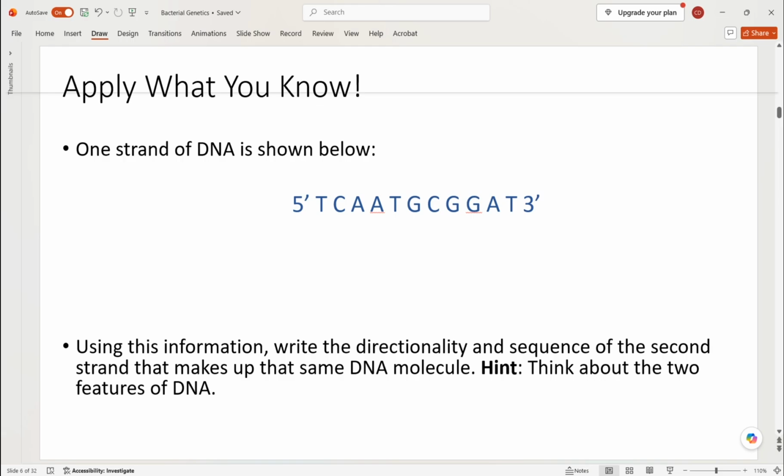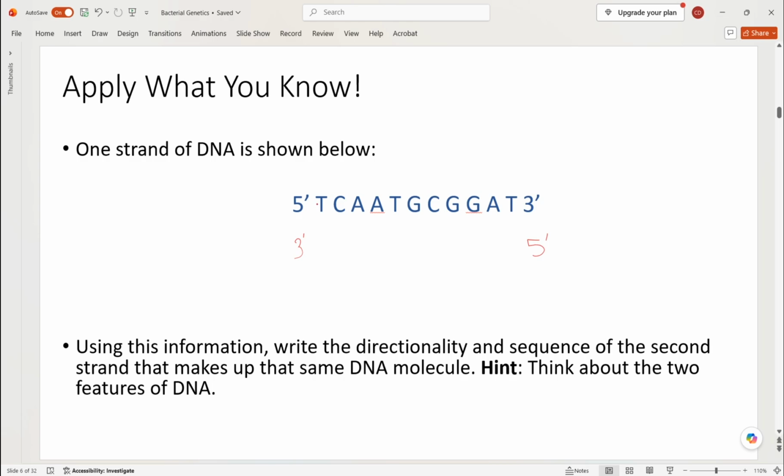All right, so we know that the strands are anti-parallel. So if this top strand is running 5' to 3', we know that our second strand is opposite, right? Anti-parallel. So it's running 3' to 5'. All right, so we've knocked out one feature. Next up, base pairing. And so remember, adenine pairs with thymine, guanine pairs with cytosine.